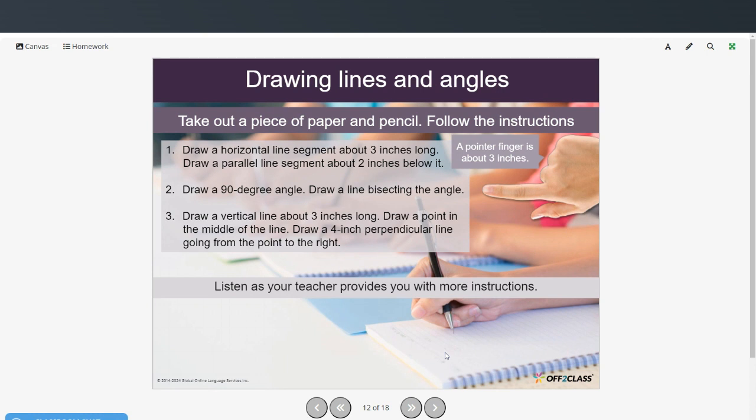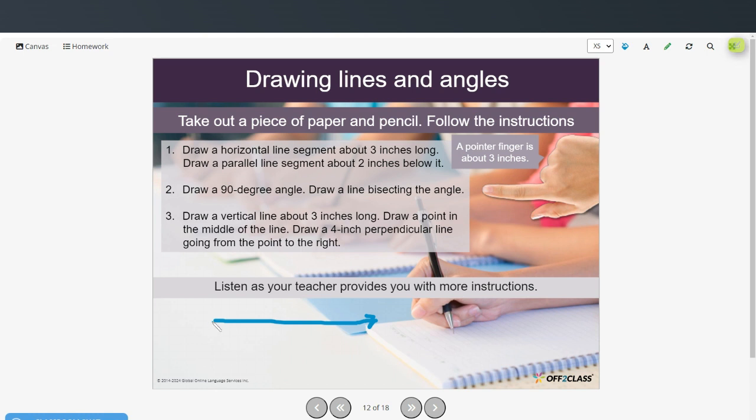All right, so we're going to try to draw these. So draw a horizontal line about 3 inches long and draw a parallel line segment about 2 inches below it. So a horizontal line about 3 inches.